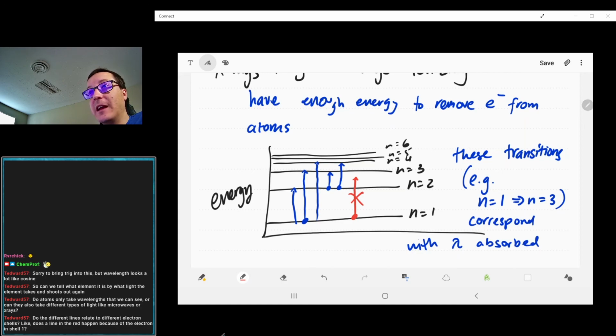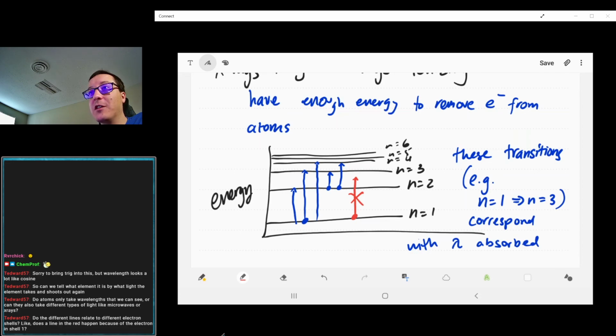As a result, you're not going to absorb the wavelengths that have the energy of the red arrow. That wavelength would not be absorbed. It would just go right through, or it would be reflected away or something. All the blue ones are potential energies that could be absorbed, but not the red one.